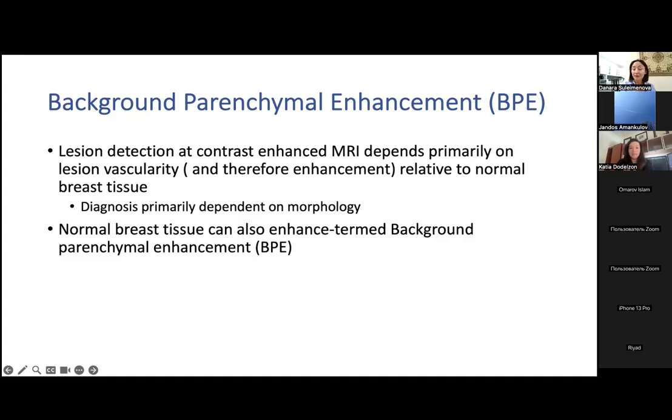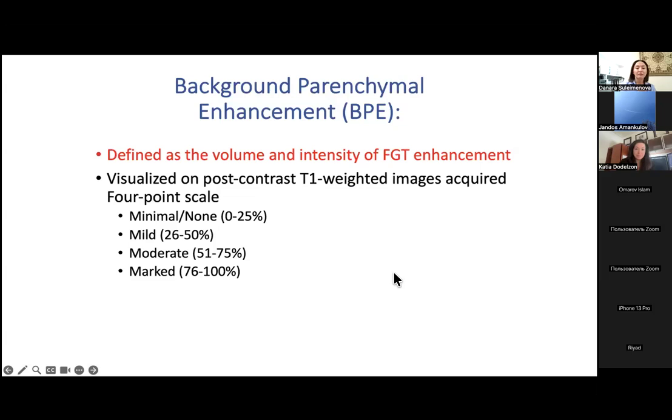Diagnosis, and we'll talk about that later as well, primarily depends on morphology, right? So abnormal, irregular morphology increases your suspicion. But the thing is, normal breast tissue can also enhance, and that is what's termed background parenchymal enhancement. And that is defined as the volume and intensity of the fibroglandular tissue enhancement.